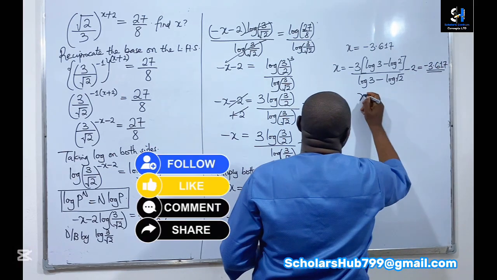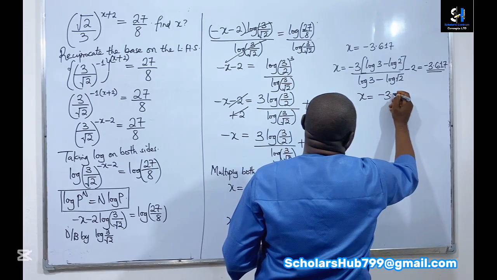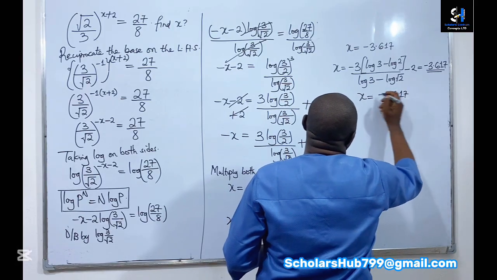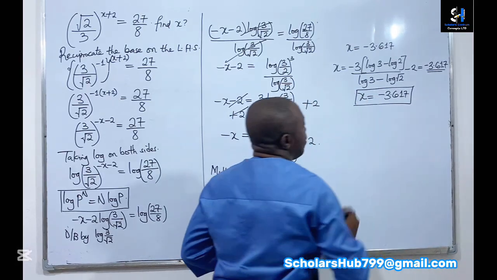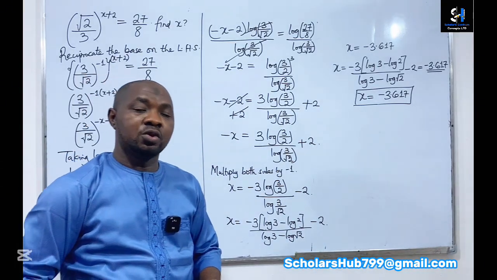That's the final answer: x equals minus 3.617.